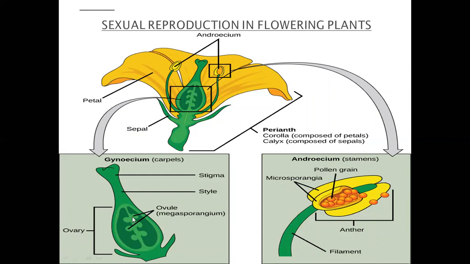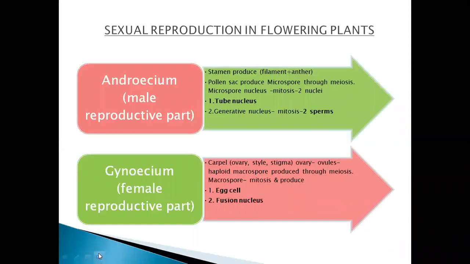These are the ovules you can see. Next we have one female gametophyte. The female gametophyte's megaspore undergoes mitosis and produces one egg cell and the fusion nucleus. So two structures are here, and two structures in the androecium part, the tube nucleus and the two sperms.